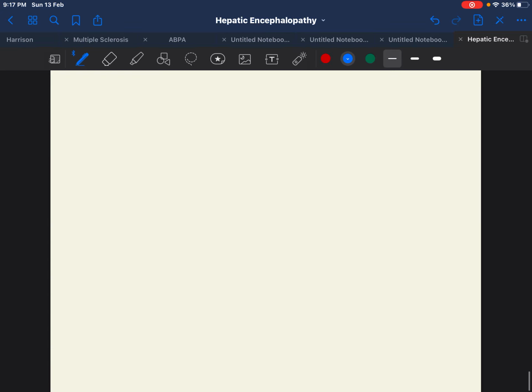Let's see. Grade 0 is a normal patient. A minimal hepatic encephalopathy patient usually seems to be normal, but there is only one feature, that is decreased attention span.